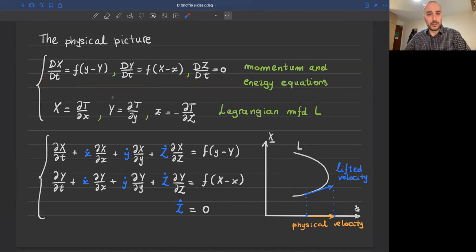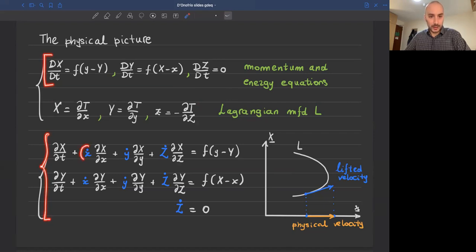We couple these equations with the equations defining L, so we can consider capital X, capital Y, and lowercase z as known functions of X, Y, and capital Z, which are coordinates on L. So we can write these three equations in extended form this way.